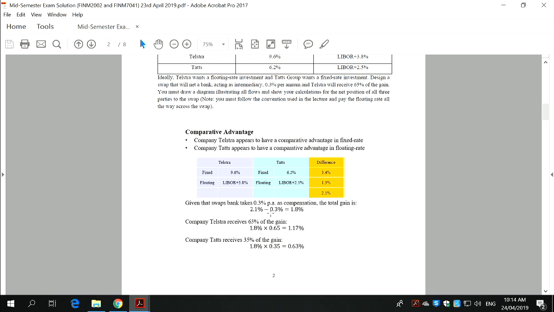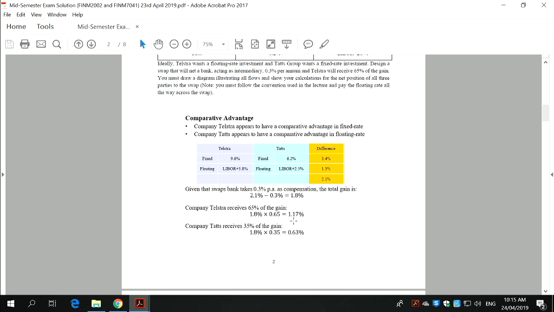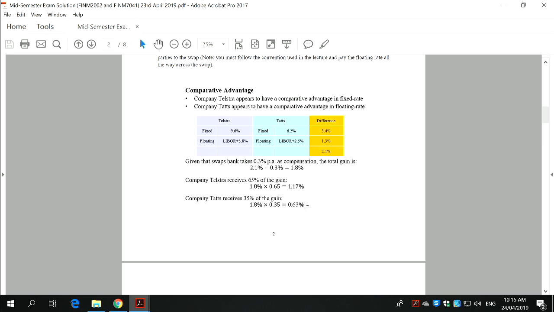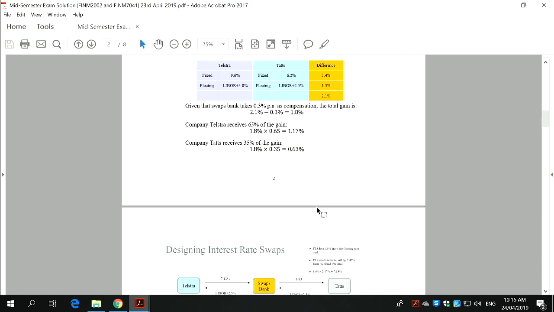Remember to subtract the 30 basis points the swap bank needs to take out as compensation. So you're left with 1.8% to play around with, right? And remember, Telstra has to take 65% of the gain, so that's 0.65 multiplied by 1.8%. So that's how much Telstra takes away, and the rest goes to Tesla Auto Group.